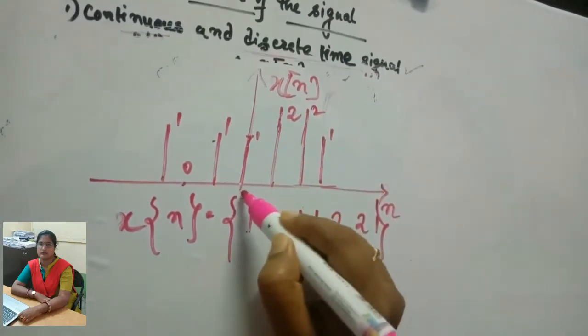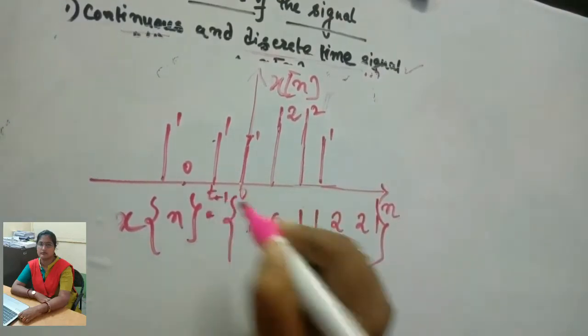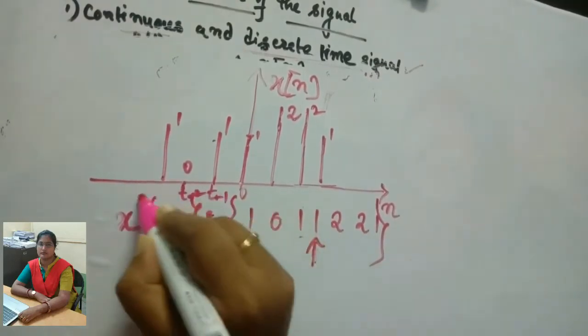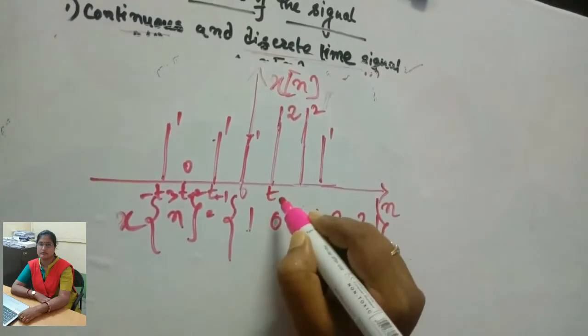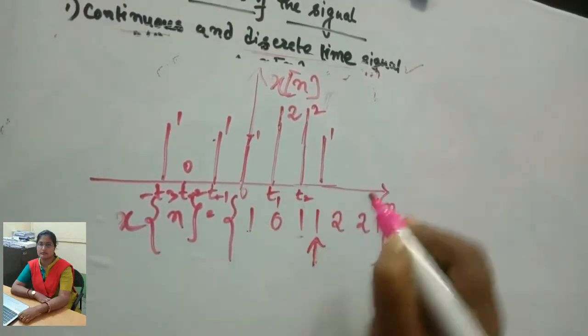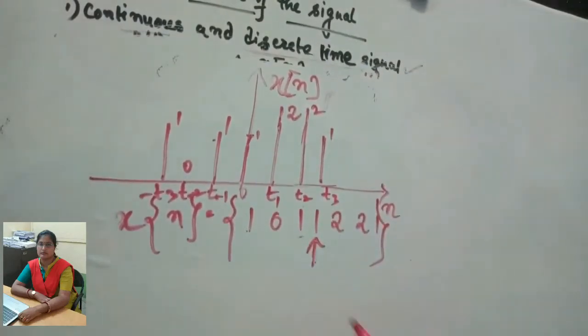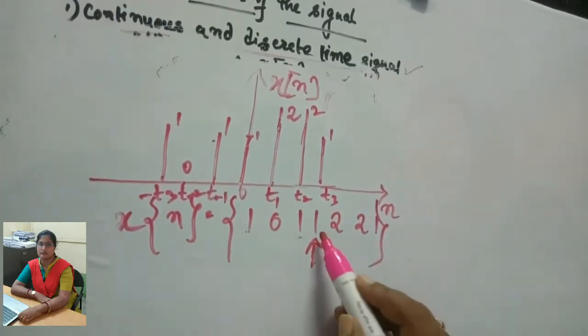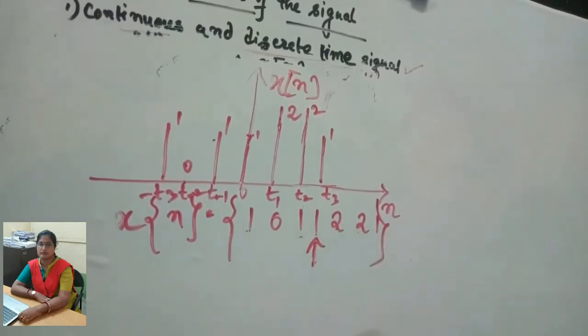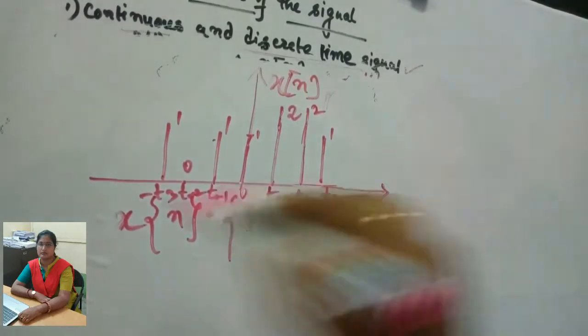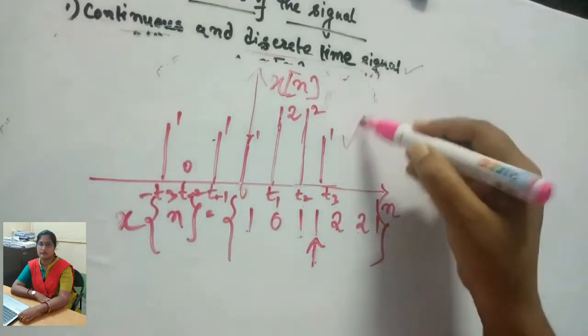So it is 0, t to the power minus 1, minus 2, minus 3. Similarly, it is for t1, t2, t3. So right here it is 0, t1, t2, t3. So now the information is complete, and from this equation you can easily plot this signal.